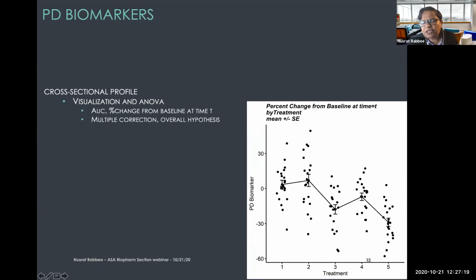This percent change is represented, and we can see that treatment levels 3 and 5 have the biggest drop. So 3 and 5 could be potentially appropriate doses, could be 30 mgs, 50 mgs, that are going to go into the next clinical trial.